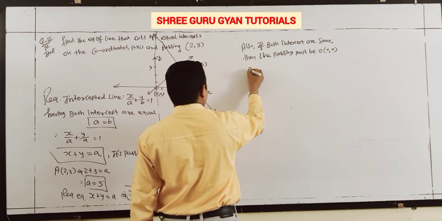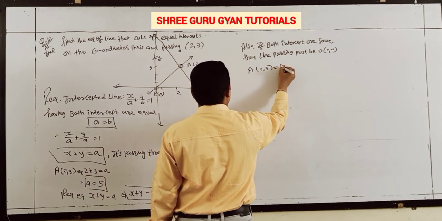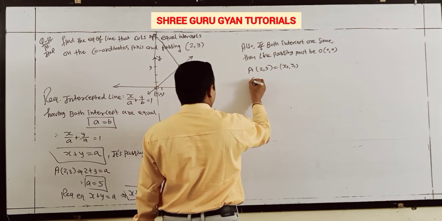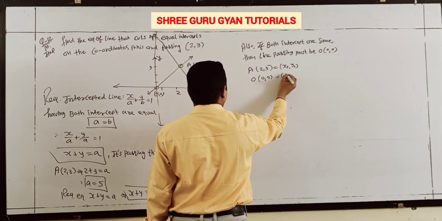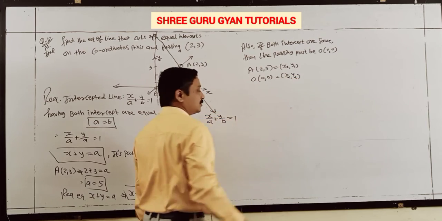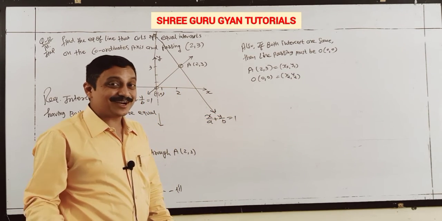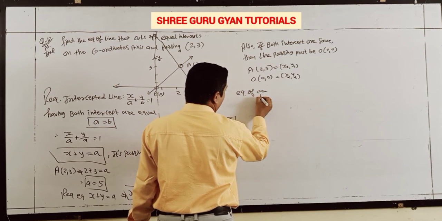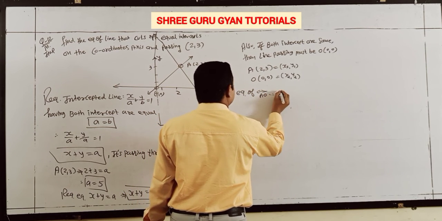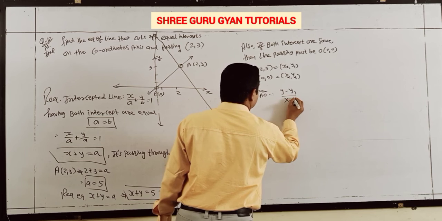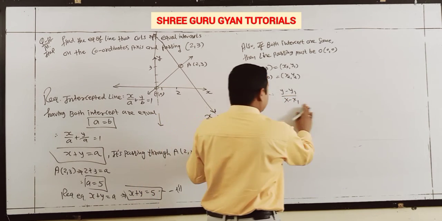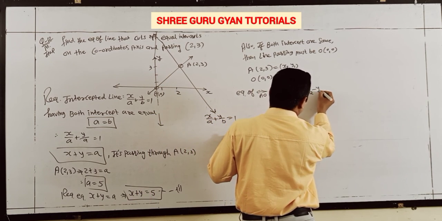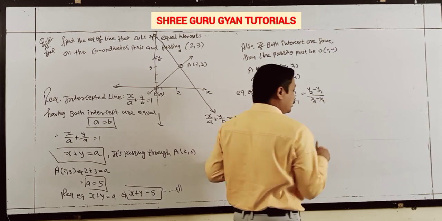Therefore I will check: 2, 3 is x1, y1, and the origin I take as x2, y2, and apply the two-point formula. The equation of line AO is y minus y1 over x minus x1 equals y2 minus y1 by x2 minus x1.